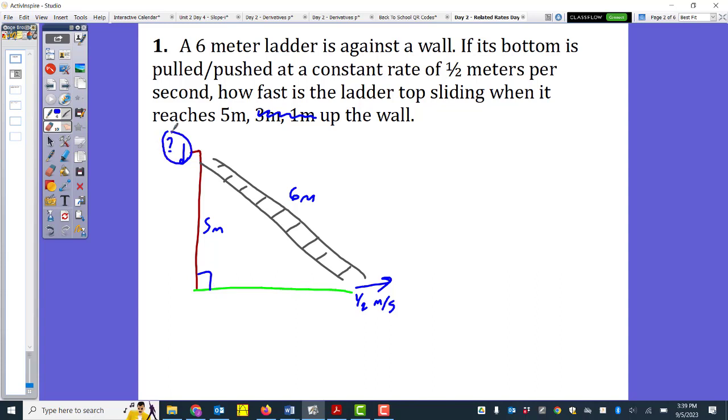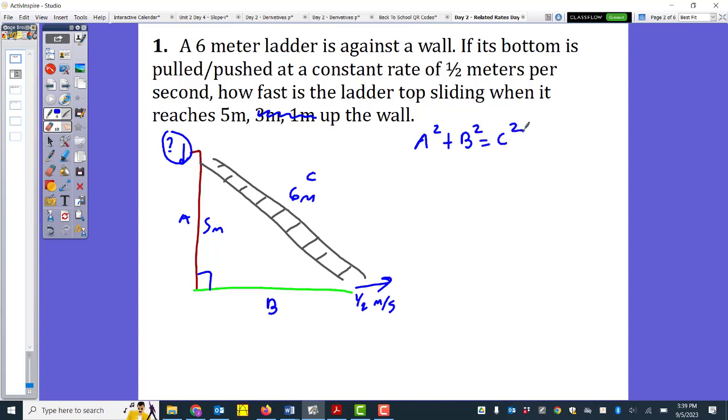We only know 2 other sides and another rate of change. So it looks like we're going to be using all 3 sides. The only triangle formula we know that uses all 3 sides is the Pythagorean theorem. So we'll call this A, this is B, and this is C. We have a squared plus b squared equals c squared.